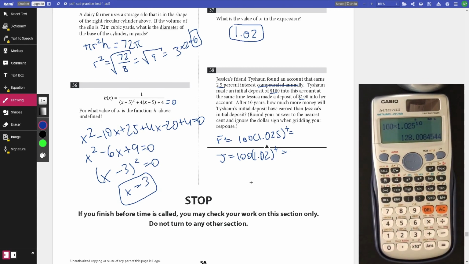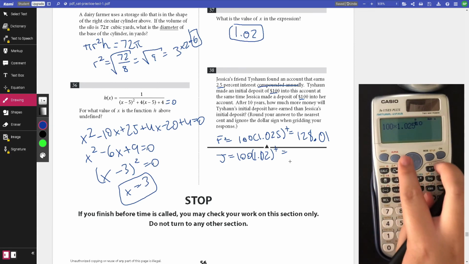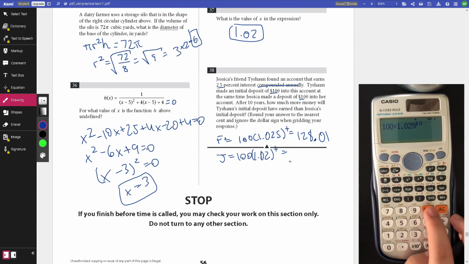So that's 128.01. And then Jessica's would be that, but instead of 1.025, it's just 1.02.